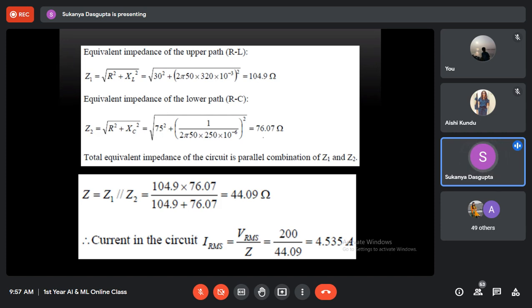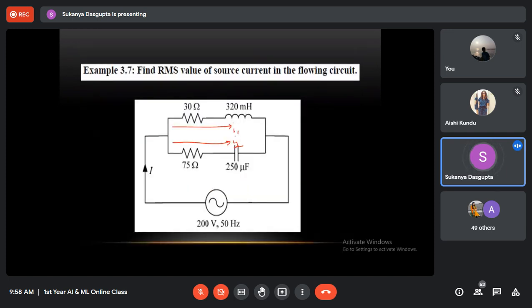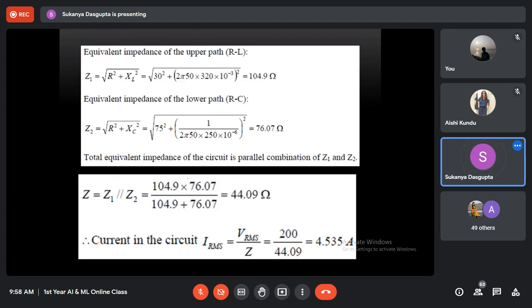With these two Z, we can calculate the final resultant impedance, which is the parallel of Z1 and Z2 because these two branches are in parallel. So the equivalent impedance is calculated as 44.09.